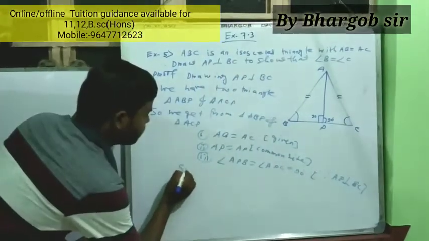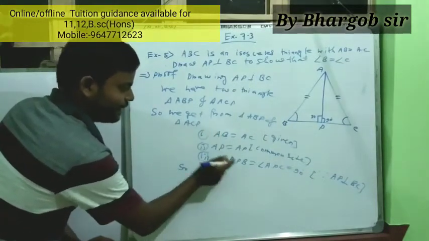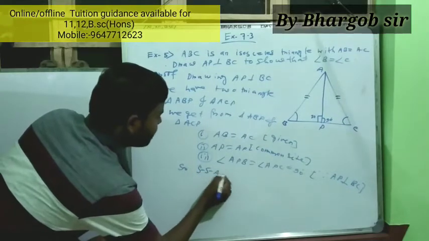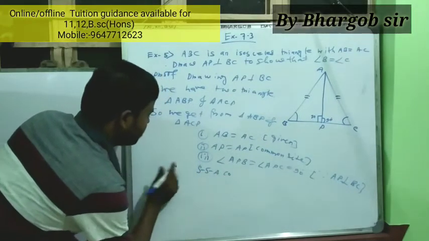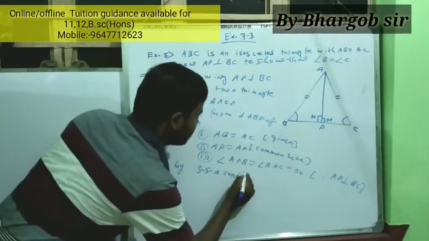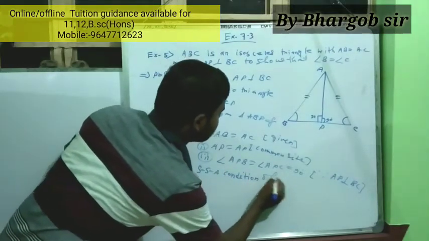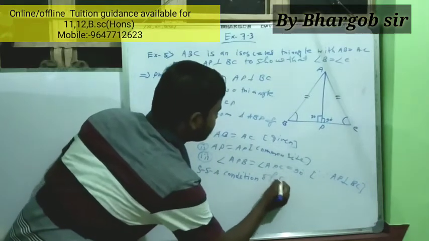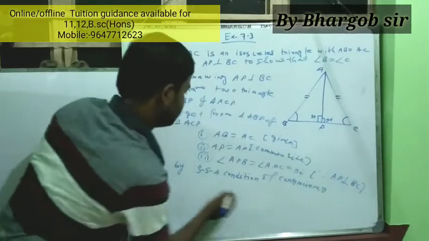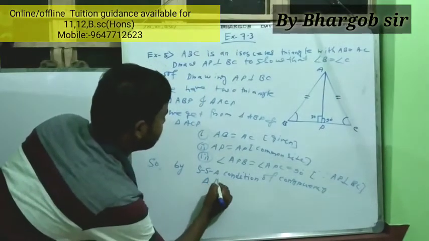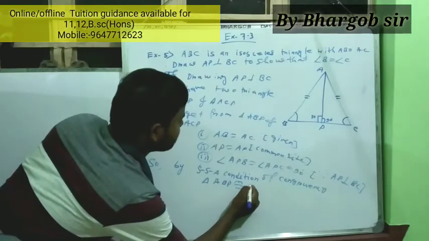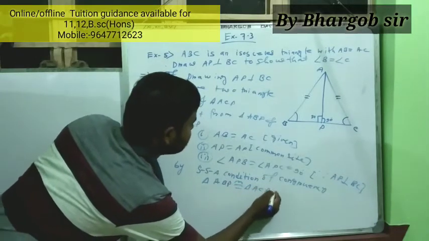So by the side-angle-side condition of congruency, triangle ABP is congruent to triangle ACP.